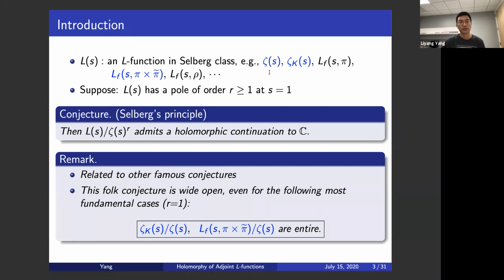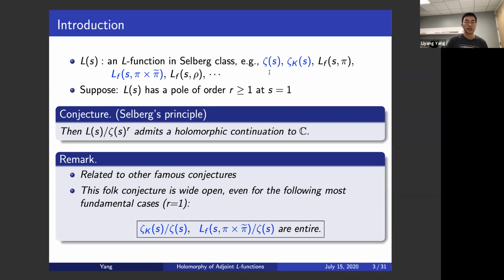And we further assume that this L(s) has a pole of order r at s equal to 1. Under this setting, Selberg conjectured that this L(s) should be divisible by the r-th power of the Riemann zeta function, in the sense that the ratio of this L(s) and zeta to the r should be entire, or in other words, have a holomorphic continuation to the whole complex plane.